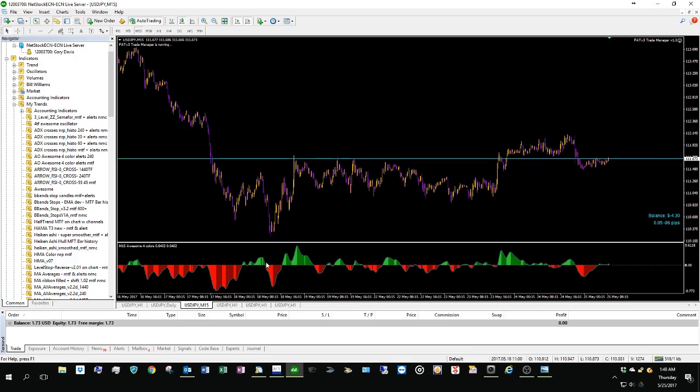When it's above the line, we're long. And so basically we can do short and long, all day long and get some quick pips here. But what I like to do, again, I like to do different time frames so that I can stay on a 30-minute chart. But I can look at this.